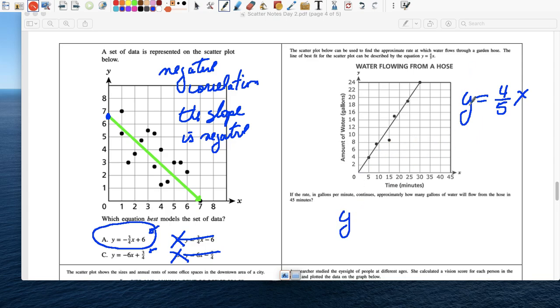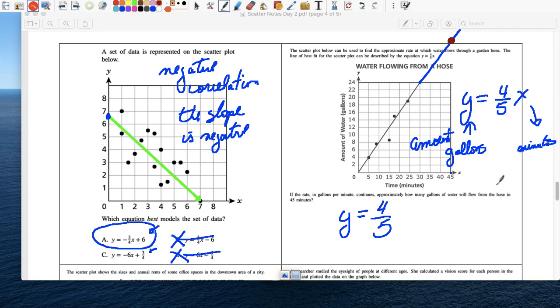Remember, y represents the gallons, the amount of gallons, and x represents the minutes. Right now we have 4/5 of a gallon per minute. So if you have 45 minutes, all you have to do is replace x. If we were to continue this graph, the answer on the graph would be this point right here.